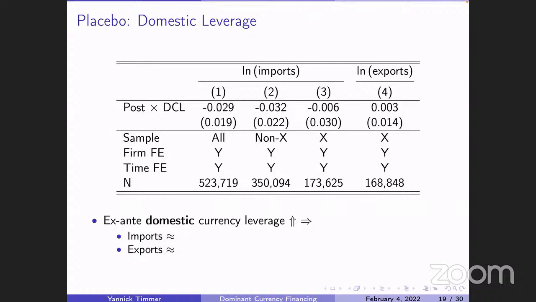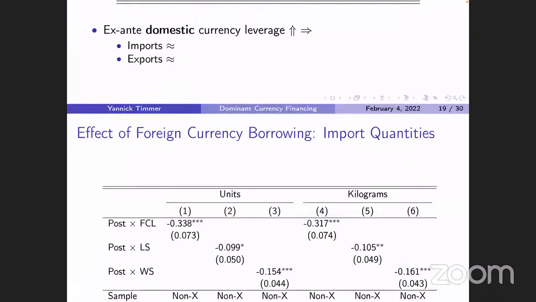However, we do not find effects of higher domestic leverage affecting imports and exports during the depreciation episode, which again gives us more confidence to conclude that this is really about the currency, the US dollar borrowing, instead of the total borrowing of the firm.